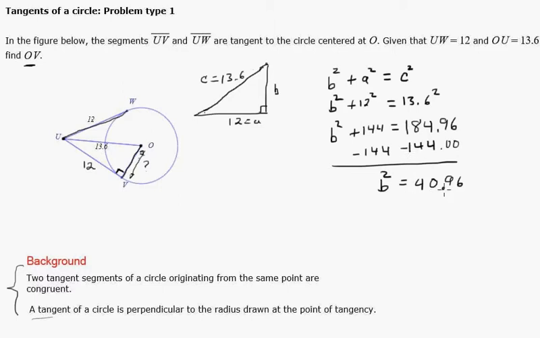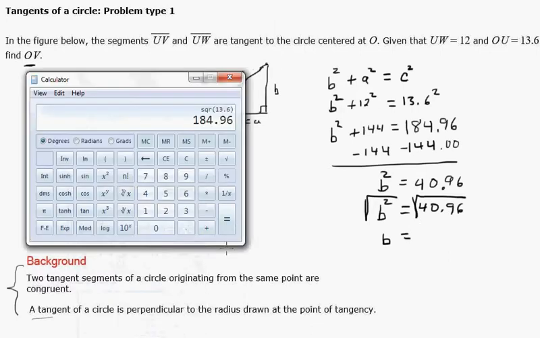So we get B squared equals 40.96. The way you undo the square, hopefully you remember this from some algebra, is to take the square root. If I take the square root on this side, I get B, so I have to take the square root on this side too. Go to the calculator, 40.96, square root, and I get 6.4.